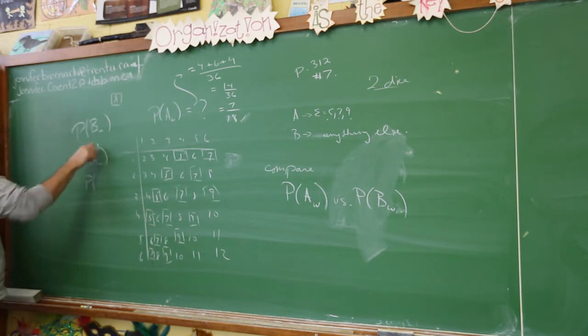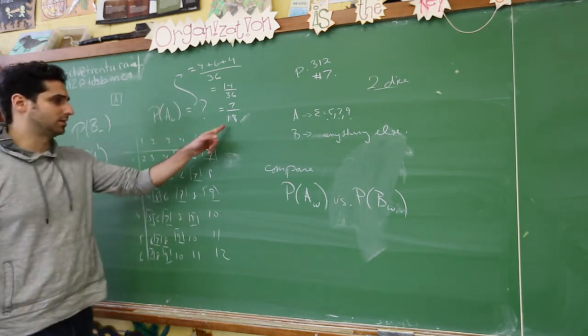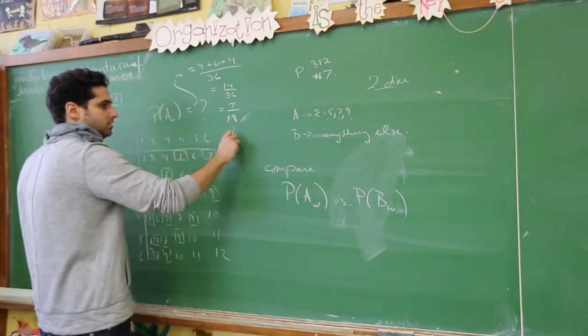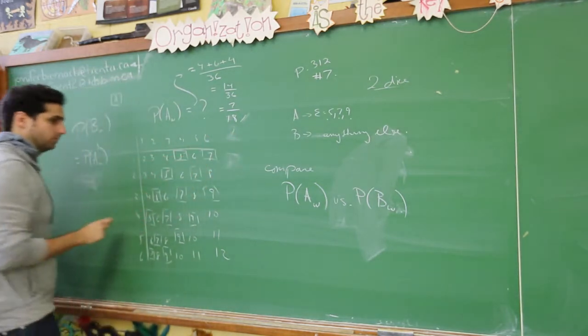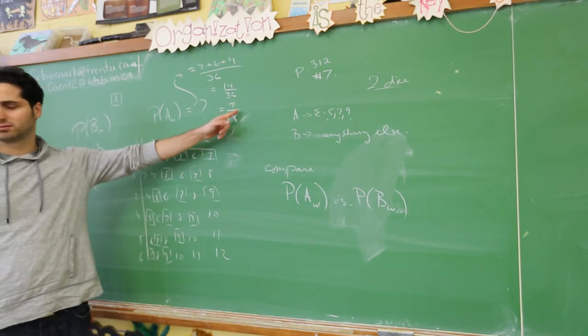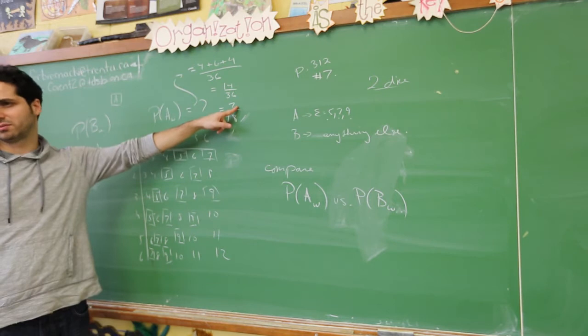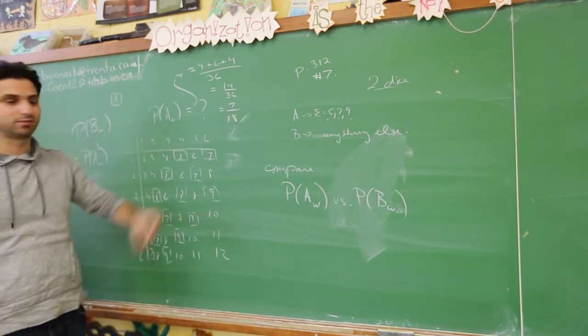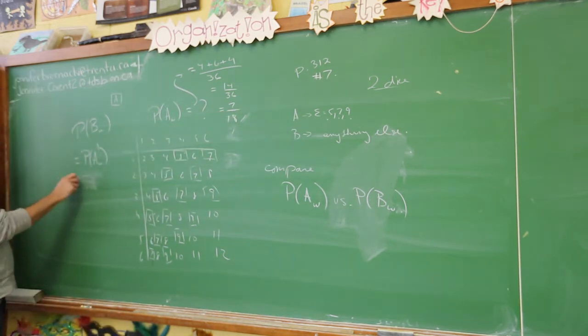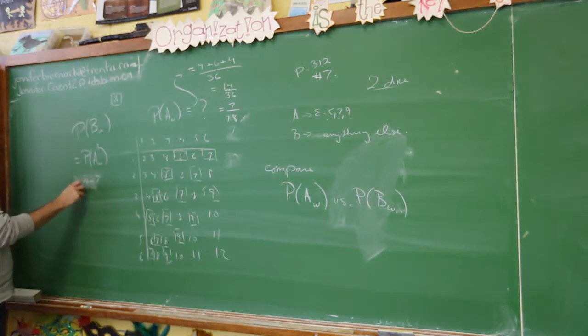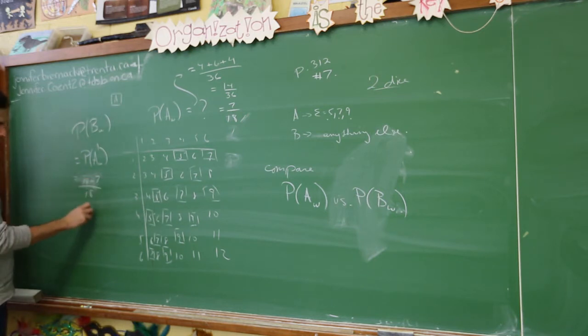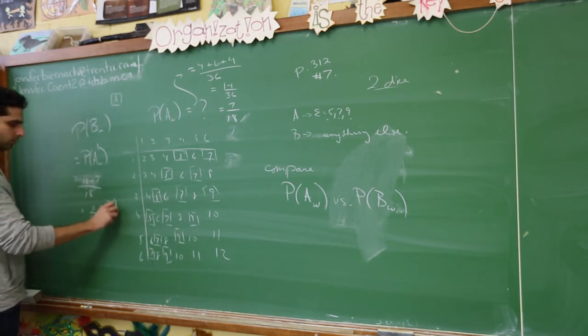The 50% barrier would be a 9 out of 18. So A's probability is less than half. What does that mean? B's probability has to be more than half. So that's simply going to be 18 less 7 over 18, which is 11 over 18, which is greater than the probability of A winning.